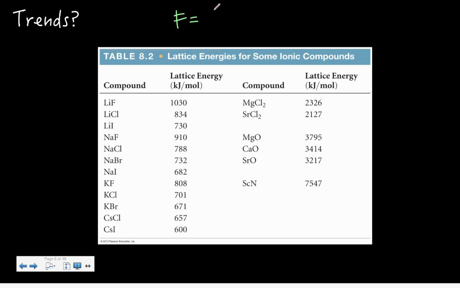So, some trends in lattice energy. Going back to Coulomb's law, we have charges and then we have distance. Charge is always going to be our more important thing when we're talking about ionic compounds, because charges always scale by whole numbers. My charge is either going to be 1 or 2 or 3, which means that my force literally gets multiplied by 2 or by 3 or more.